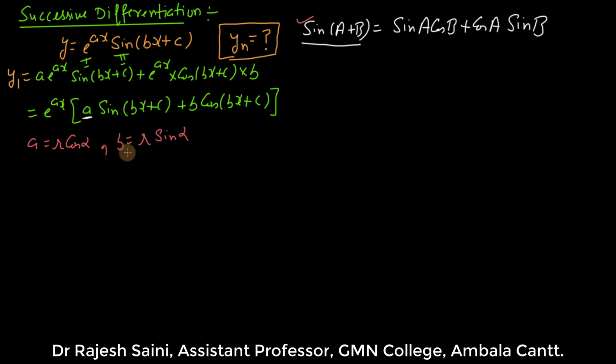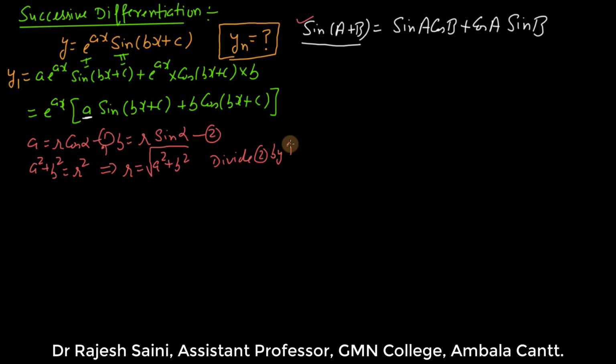Fine. Now squaring and adding both sides, what will we get? You will get a square plus b square is equal to r square. Fine. This implies that taking square root on both sides, r is equal to square root of a square plus b square. And when we divide, say this is equation number 2 and this is equation number 1, when we divide 2 by 1, what do we get?